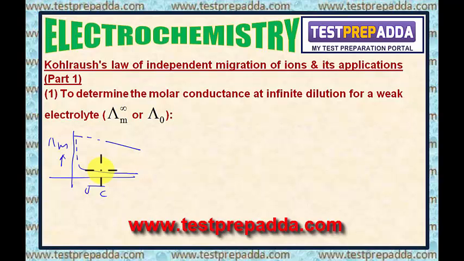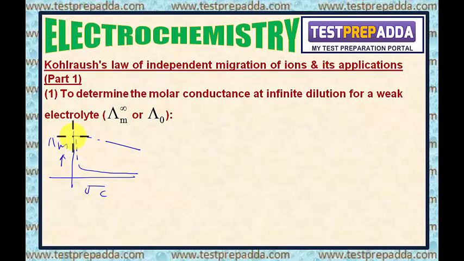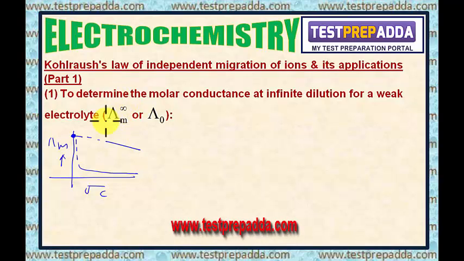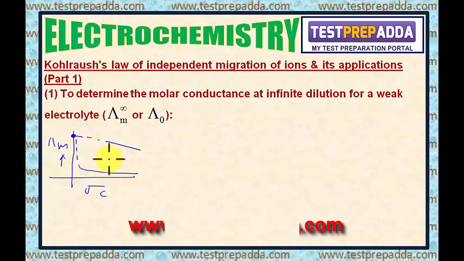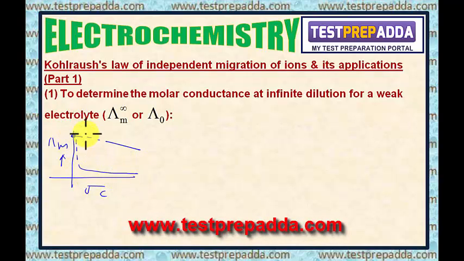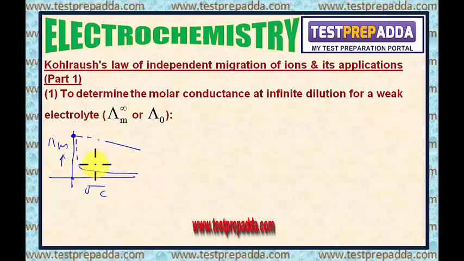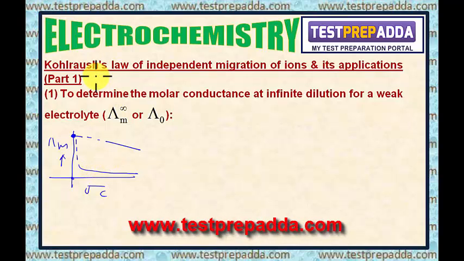And there we concluded that for strong electrolyte, the value of molar conductance at zero concentration or infinite dilution can be found directly from the graph by extrapolating this. But for weak electrolyte, it cannot be found directly from the graph because the graph becomes parallel to the y-axis as concentration tends to 0. So we will use an indirect method, and that is Kohlrausch's law.